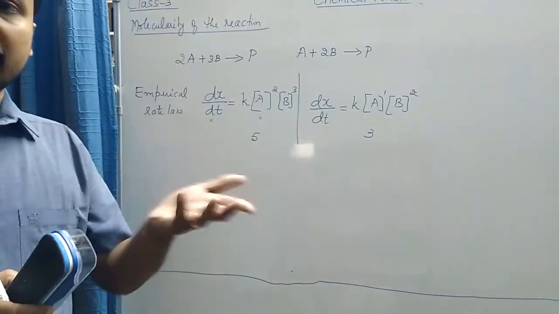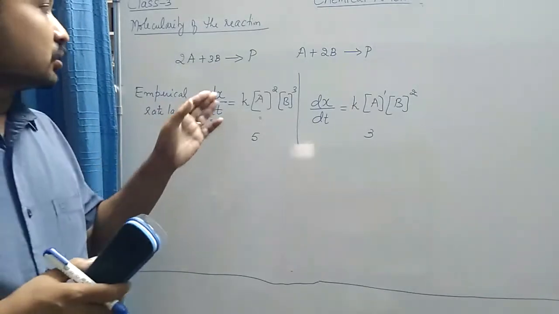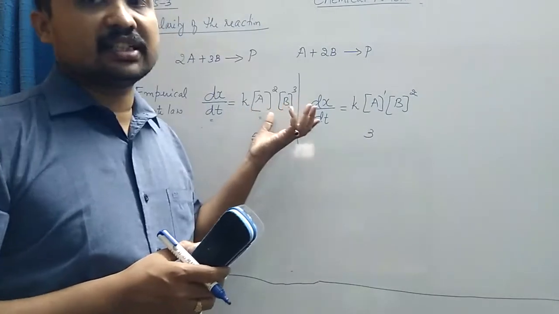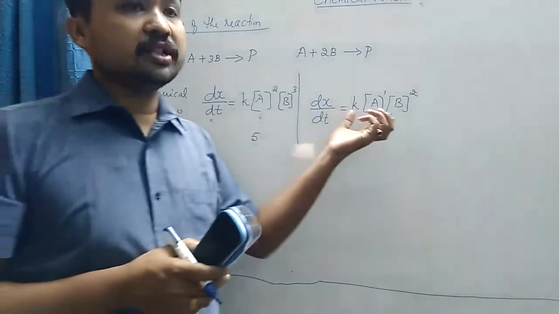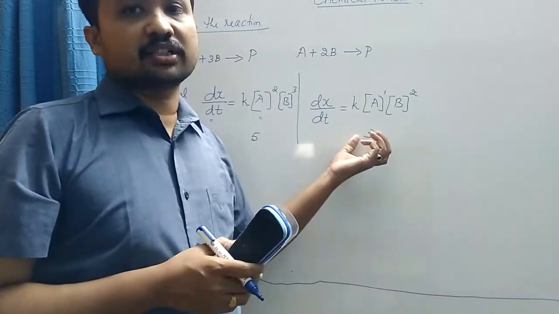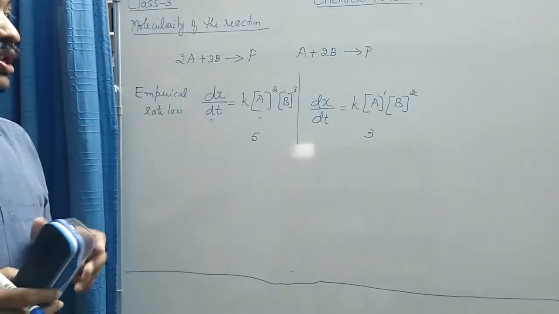So altogether in the first reaction, the concentration of reactants has a greater effect on the rate of the reaction compared to the second reaction, because here only 3 concentration terms are involved altogether, whereas here 5 concentration terms are involved.